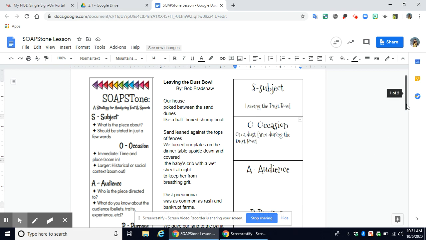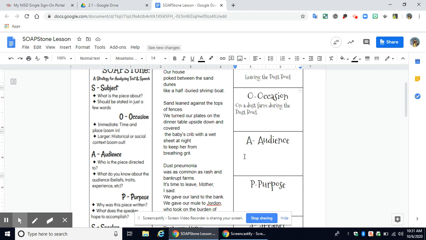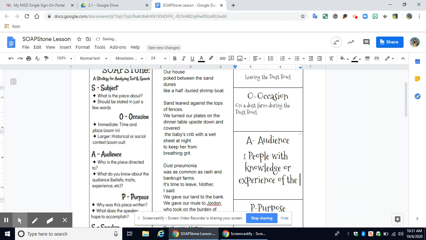So I'm moving on to A, which is the audience. Remember, I just want to know who this is directed towards. So it is probably directed towards people with knowledge. I'm going to have to go back and change this.